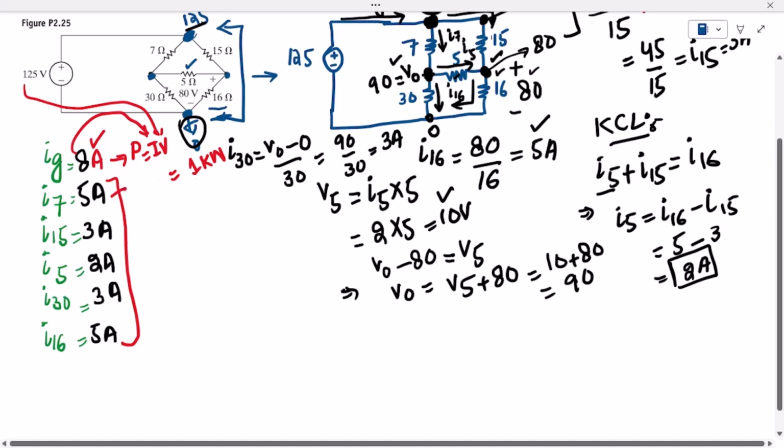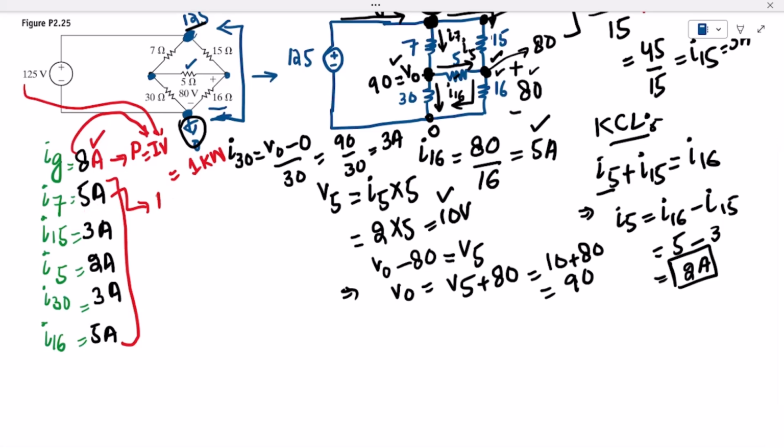Similarly, this is the 7 ohm resistor across which 5 amps is flowing. To find the power across it, let me call it P7. It will be I square into R. For P15, the current through it is 3, so 3 square into 15.